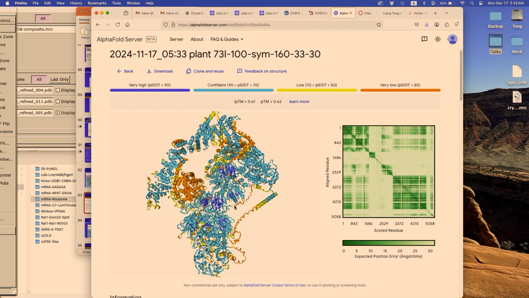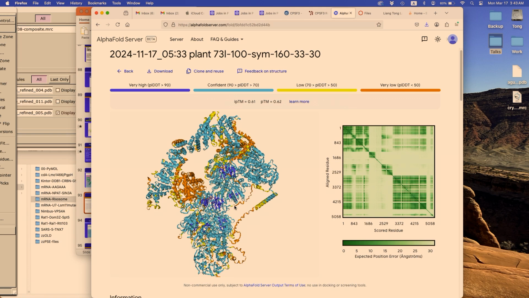Color, same way. Blue is good. Cyan is reasonable. Yellow. And then orange is bad. And so that's another warning for you using AlphaFold 3. You've got to look at this coloring scheme because AlphaFold 3, for really bad regions, has a strong tendency of making them into alpha helices.